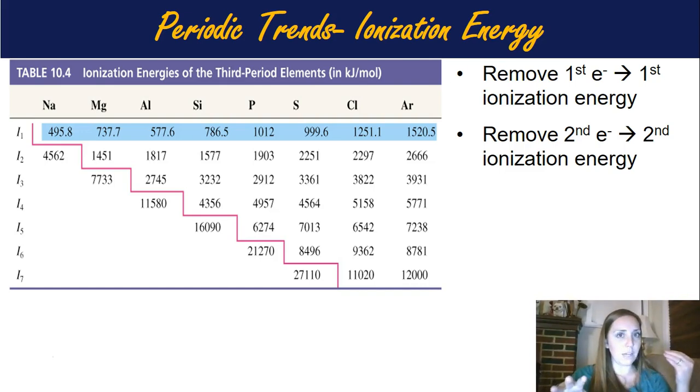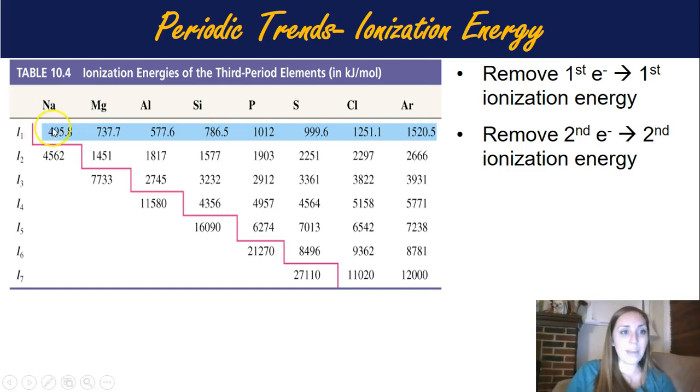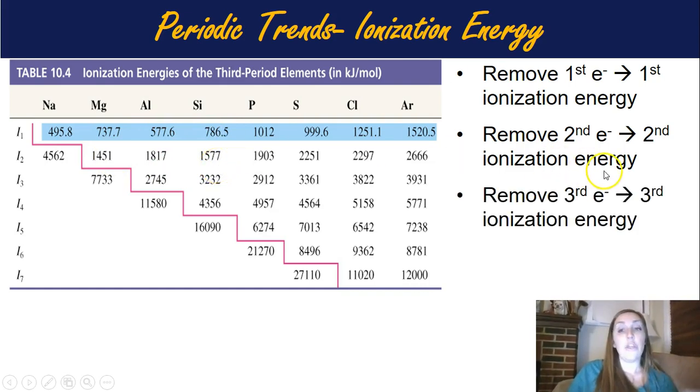If you've removed an electron, all those electrons are being pulled even tighter to the atom, so it's even harder to remove a second electron. That's why every ionization energy increases as you go to the second ionization energy. The third ionization energy is the energy required to remove a third electron, and those get bigger too. So I3s are always the biggest.